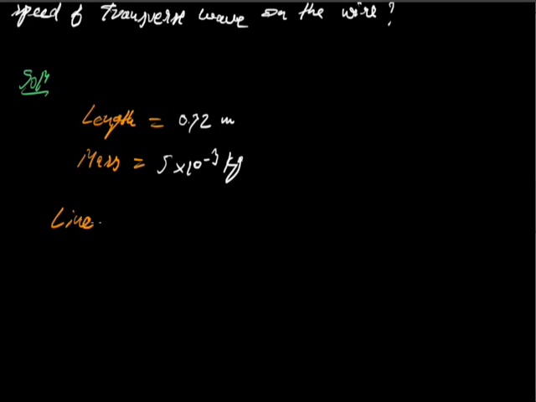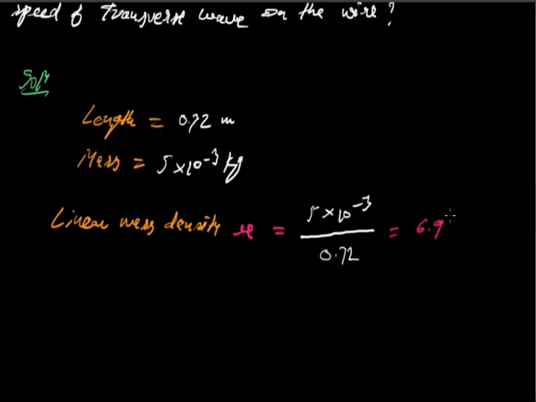So linear mass density mu will be given by 5 multiplied by 10 to the power minus 3 divided by 0.72. That will be equal to 6.9 multiplied by 10 to the power minus 3.